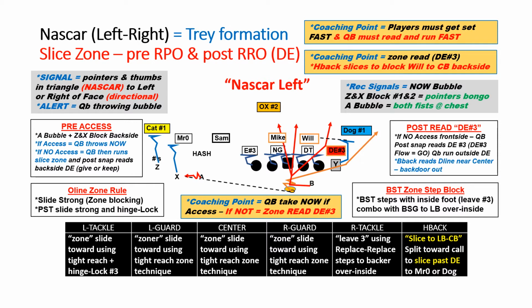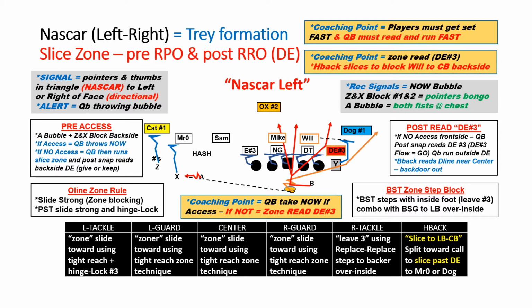If we don't, then that means we have good numbers in the run box, and we're automatically going to run our inside split or slice zone to the left, knowing that this is a backdoor play where the quarterback is going to post-snap read now the backside defensive end for give or keep. Key point here with slice, the Y lets that defensive end go and wants to go ahead and arc release to the number one defender on the outside, the dog, the corner, in case the quarterback keeps it.